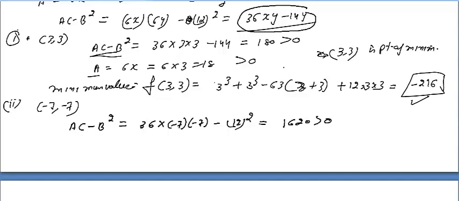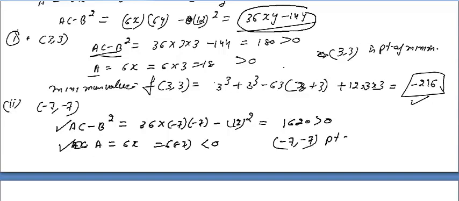The value of a is equal to 6x. So 6x is minus 7, so you are getting a negative value. So this is greater than 0 and a is negative, then minus 7, minus 7 is the point of maxima.